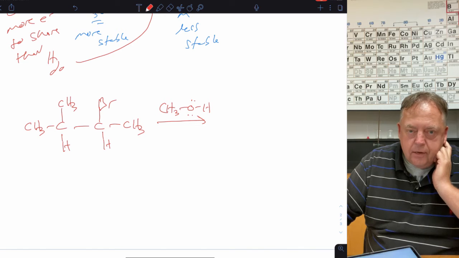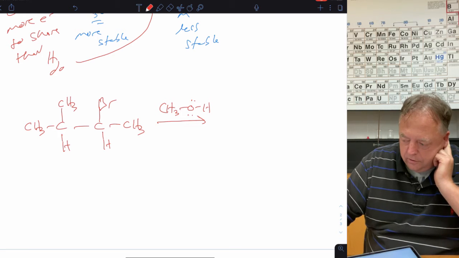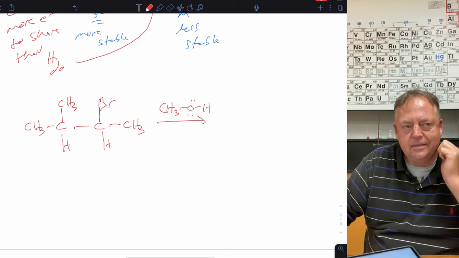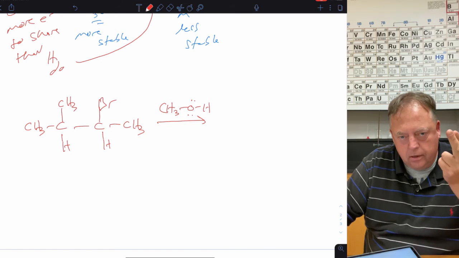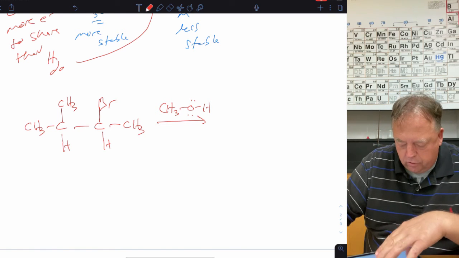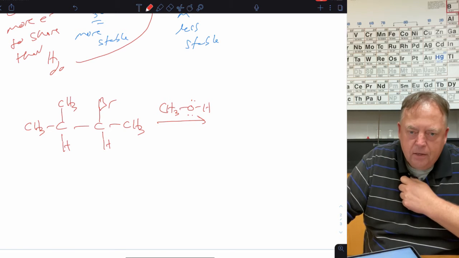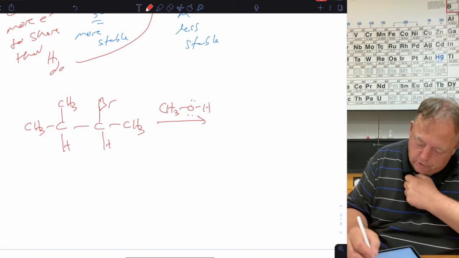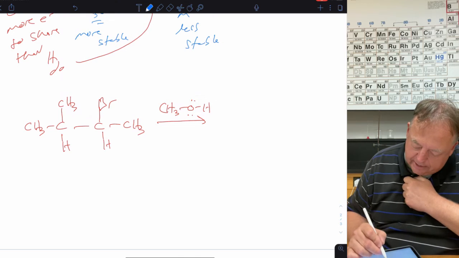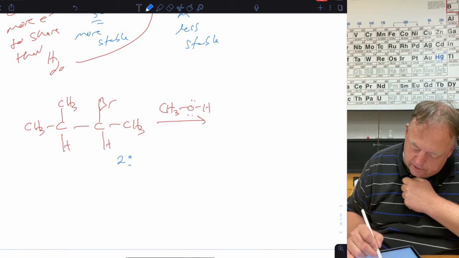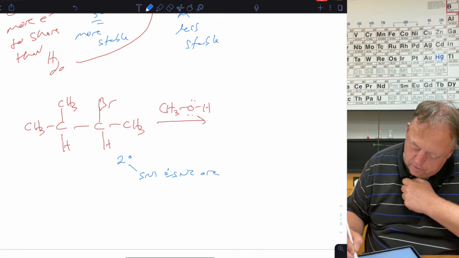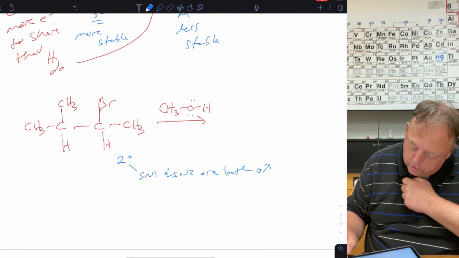Well, you know it's not free radical, because the only free radical reactions we've looked at so far in this class are Br2 in light or heat and Cl2 in light or heat. And there's no Br2 or Cl2 in light or heat in this reaction, so it's not a free radical. It's SN1 or SN2. So how do you know which it is? You've got to characterize. So this is secondary. SN1 and SN2 are both okay.